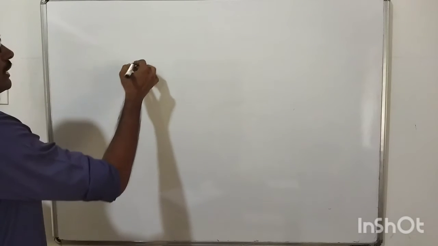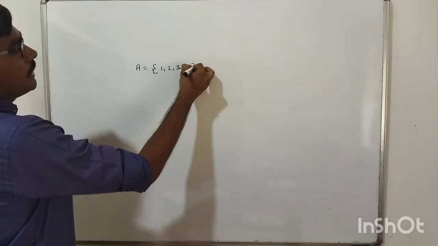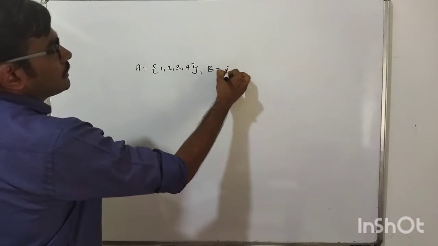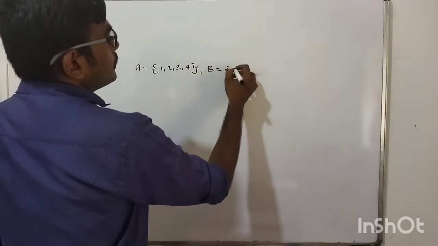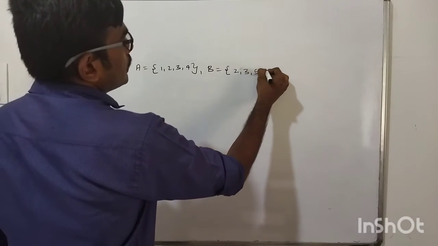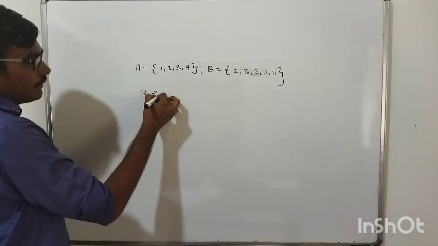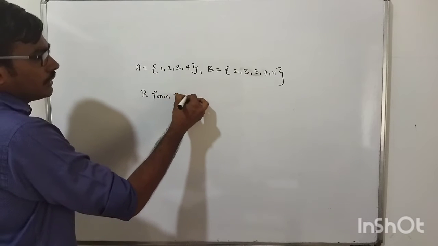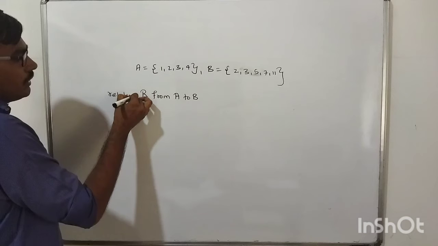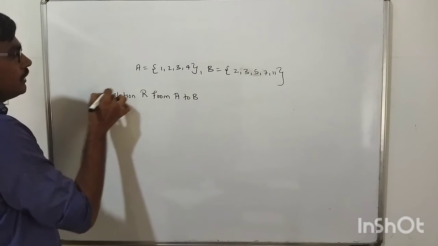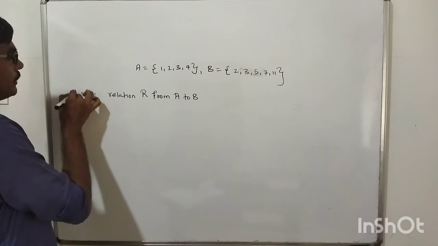If you have set A as {1, 2, 3, 4} and set B as {2, 3, 5, 7, 11}, and I am defining a relation R from A to B, I am giving a particular definition.